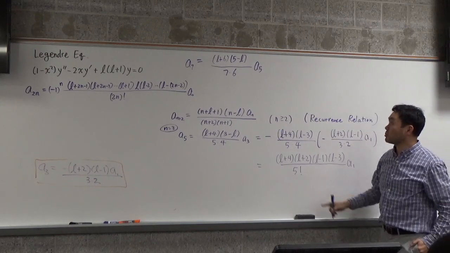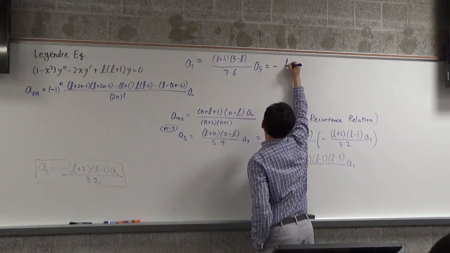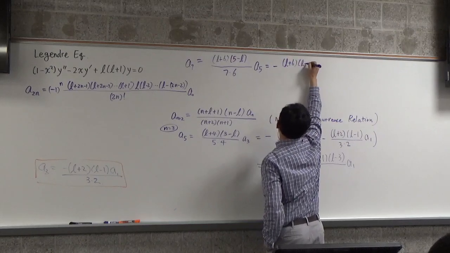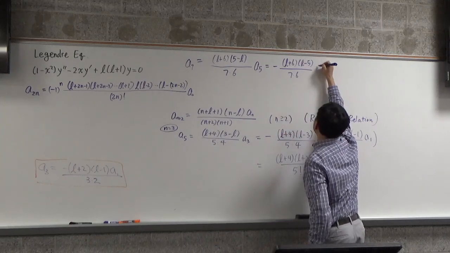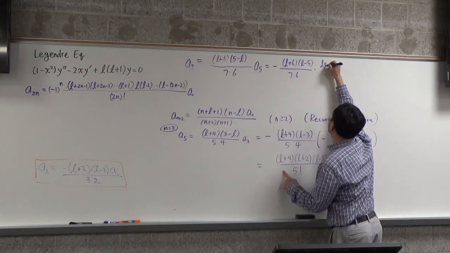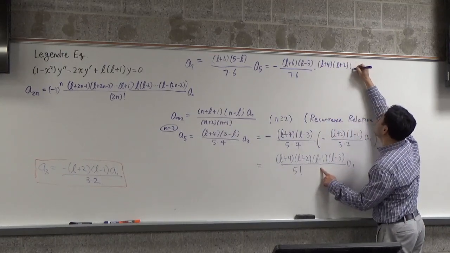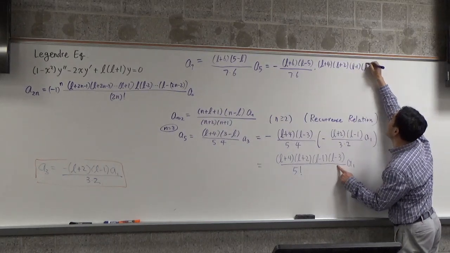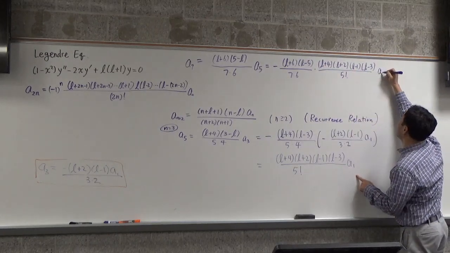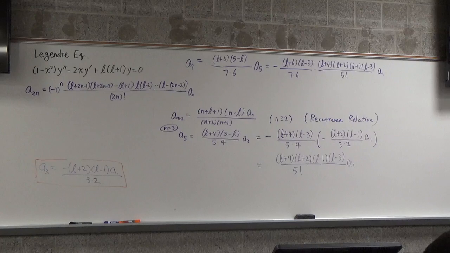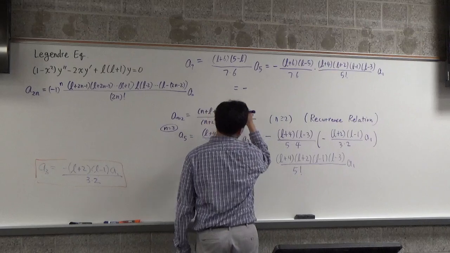Now A5 is this, so we're going to plug that in, and also switch places with the minus. So it's minus L plus 6, L minus 5 over 7 times 6 times L plus 4, L plus 2, L minus 1, L minus 3 over 5 factorial A1. And what's that? Negative.